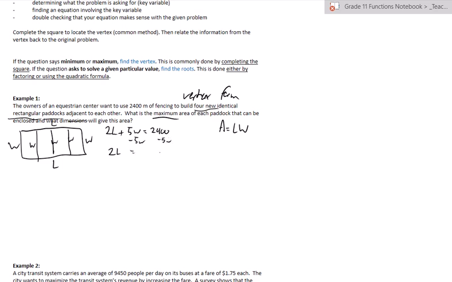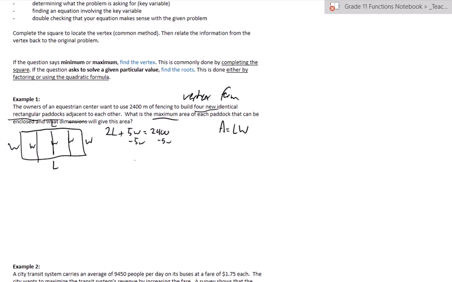That'll be 2L equal to 2,400 minus 5W. Then we'll divide both sides by 2. Remember, when you divide one side, you have to divide everything on the other side by that value. So length is equal to 1,200 minus 5/2 W.